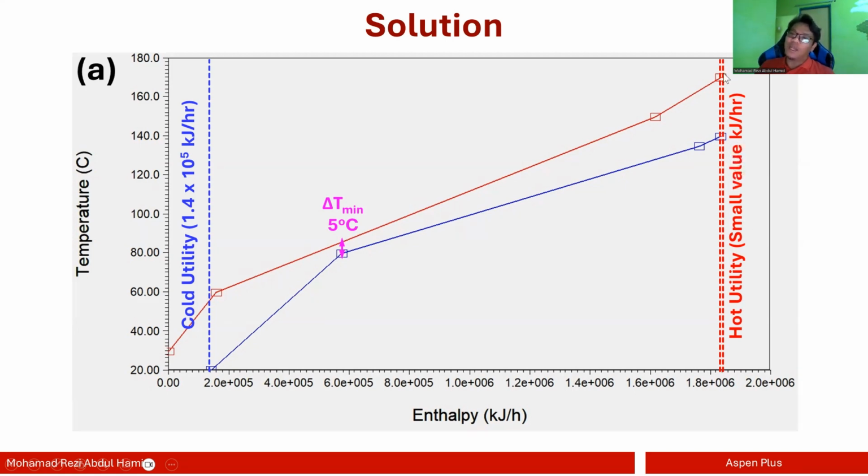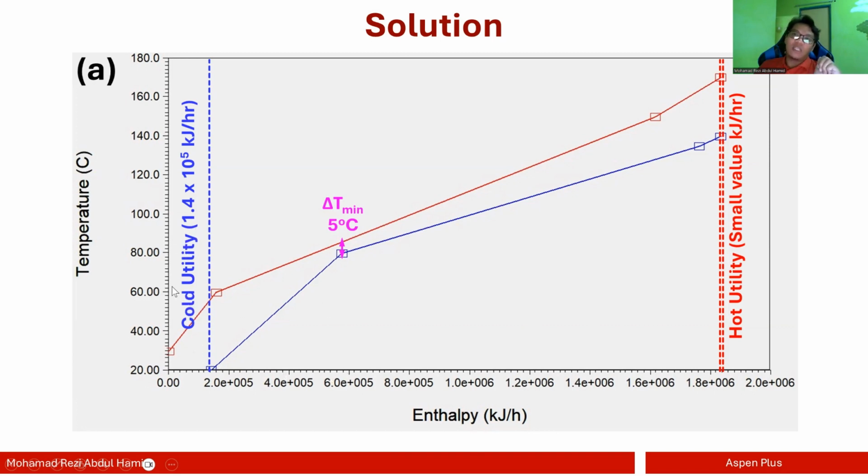But I just want to show you that it is a small value. So this is where you get the numbers 0 and 1.45 times 10 to the power of 5. I'm not saying this is how the program does it, but if you want to know how you can get the hot and cold utility requirements, this is how you do it graphically.